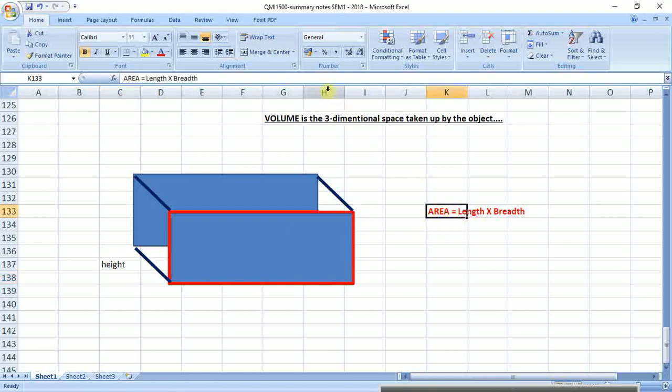Okay, so volume is length times breadth times height. Okay, it's three things. Okay, that's volume. Right, length times breadth times height.